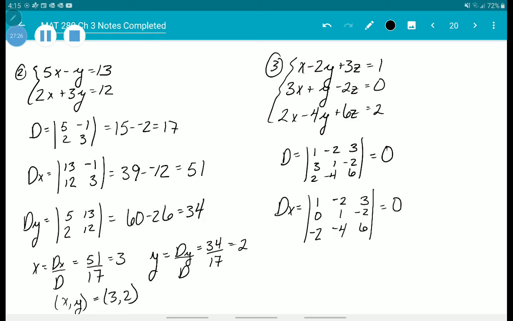And I got 0 for that one. Dy is going to replace now that middle column. Everything always goes back to D with that.